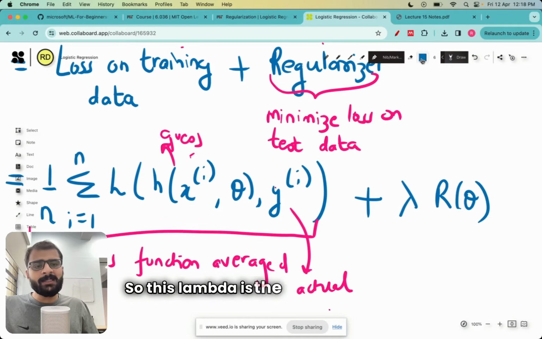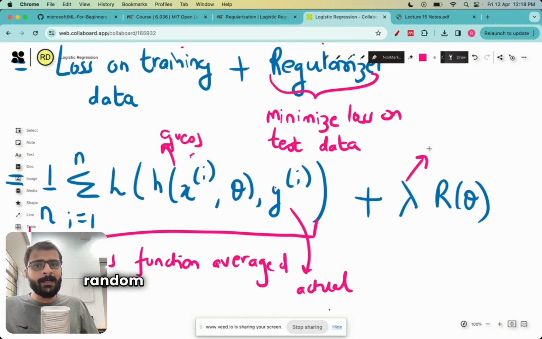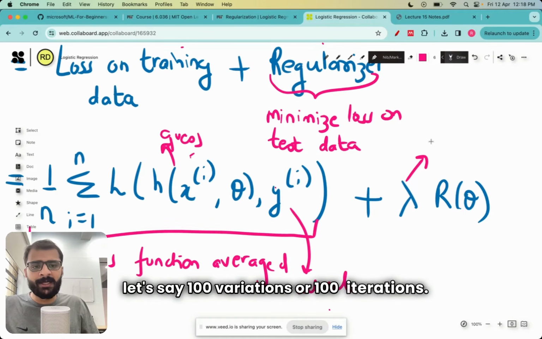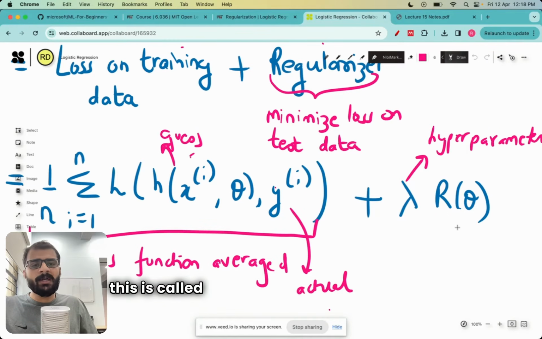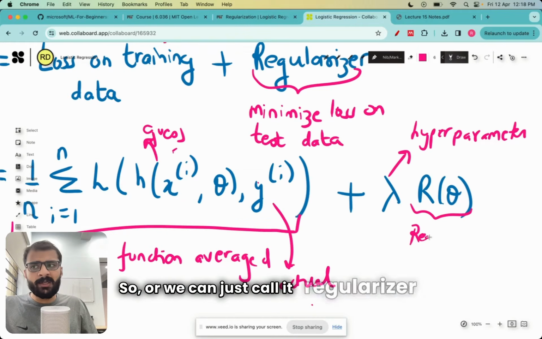So this lambda is the hyperparameter. And remember, we saw this in the random linear classifier algorithm, where we randomly chose lambda to be, let's say, 100 variations or 100 iterations. So lambda is the hyperparameter, and this is called the regularization function. Or we can just call it the regularizer here.